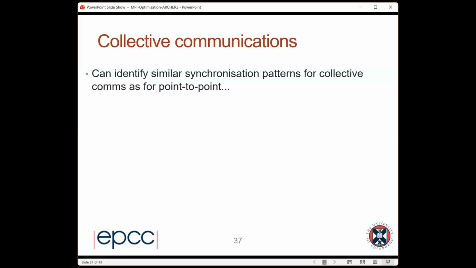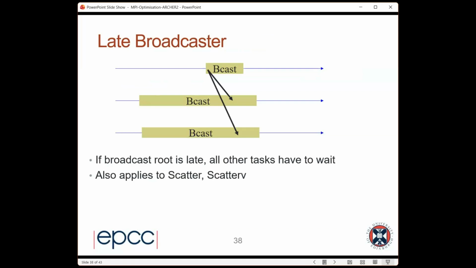We can identify all the same patterns, late sender, late receiver, and suchlike, in collective communications as we can in point-to-point. But I won't go through them all because it's fairly obvious. If you think of a late broadcaster, if you've got a broadcast, then if the process issuing the broadcast is late, all the other tasks have to wait.